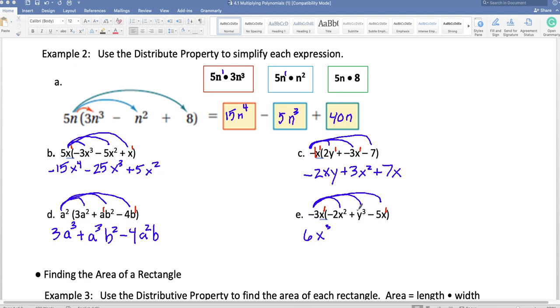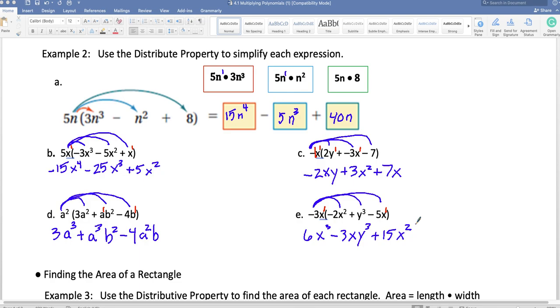I've got an understood 1 here, but that tells me I'm going to have a minus 3 and x to the first times y cubed, or y to the third. Those are both just along for the ride. Nothing's going to change. And then I've got negative 3 times negative 5 is a positive 15. And x times x, 1 plus 1 is x squared.